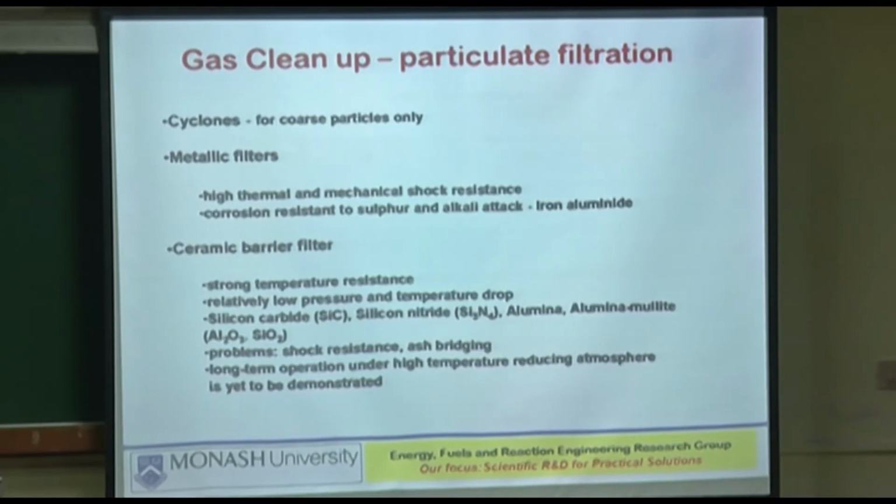Now there are others as well who developed iron aluminide as being one of the relatively inexpensive, not very expensive, but very long lasting. But most importantly, they are resistant to corrosion, and corrosion from sulfur and alkali attack.